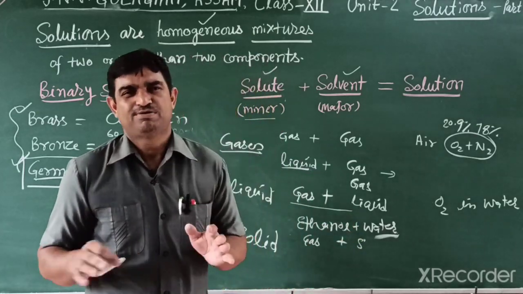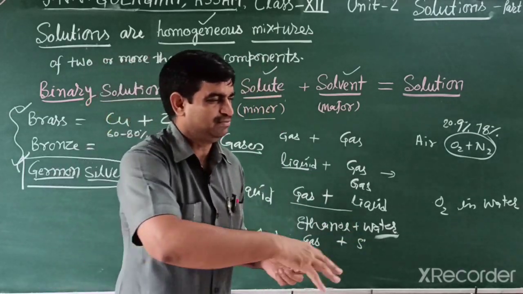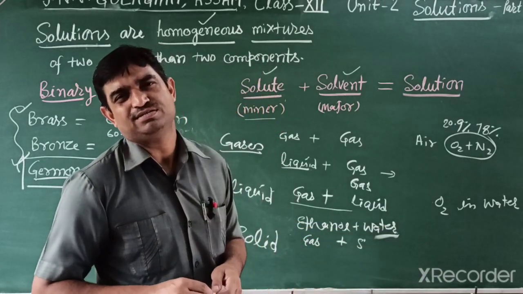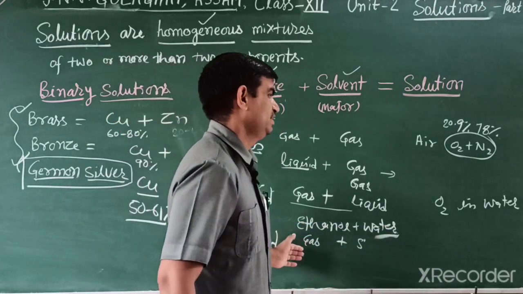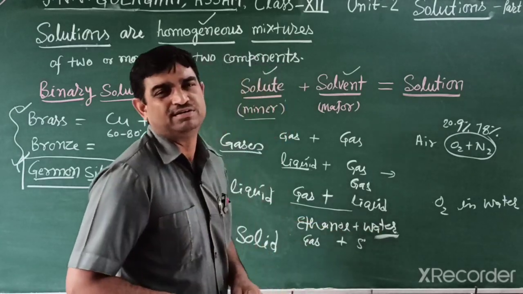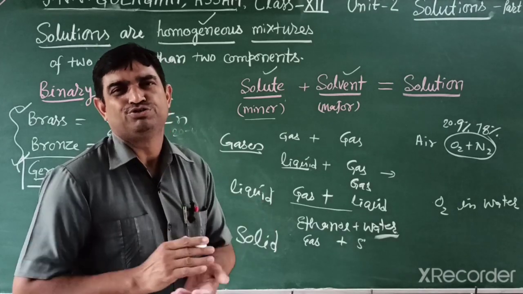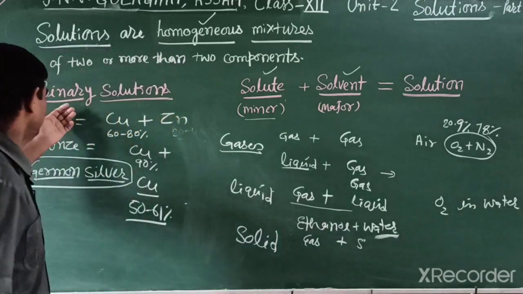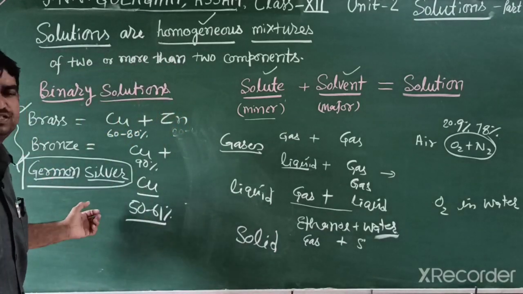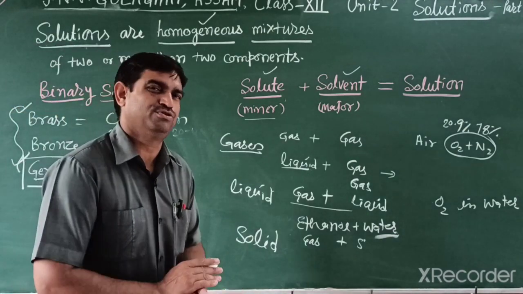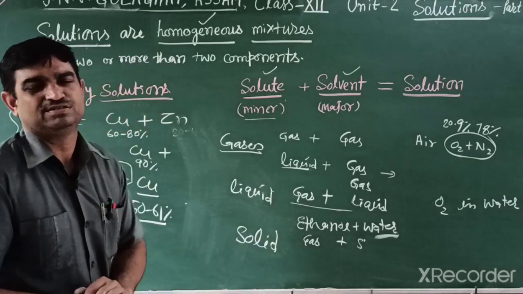Mercury is a metal found in liquid state, and if mercury is present in any metal, that is known as an amalgam. So mercury in any metal is liquid in solid. And another solid solution: brass, bronze, German silver, steel. This example is solid because both solute as well as solvent are solid.